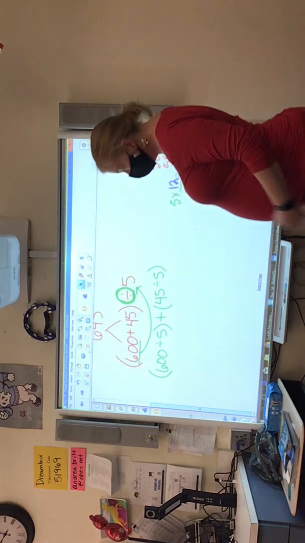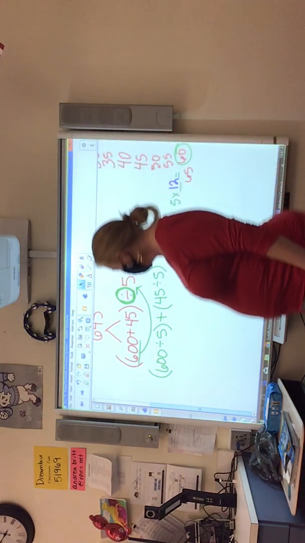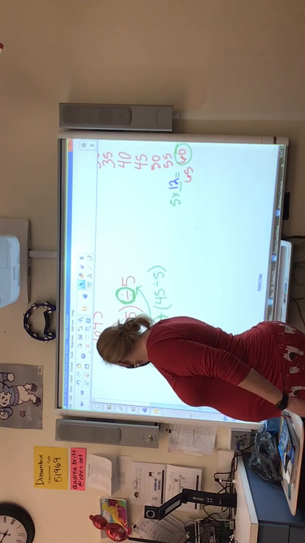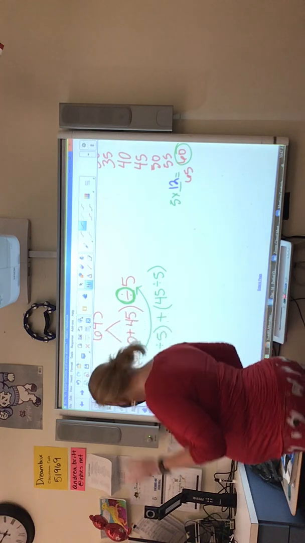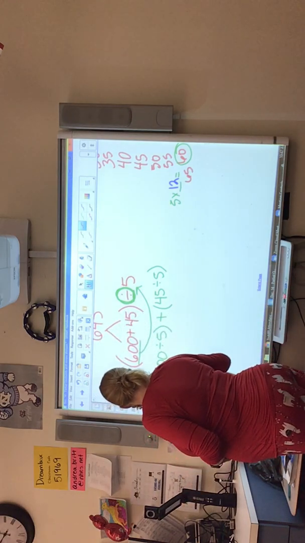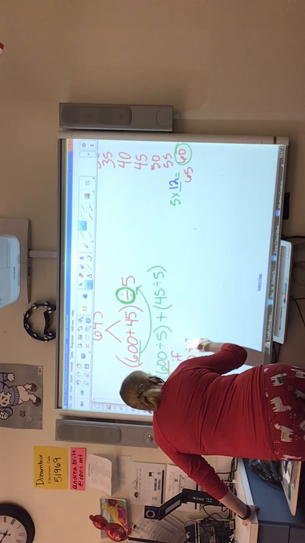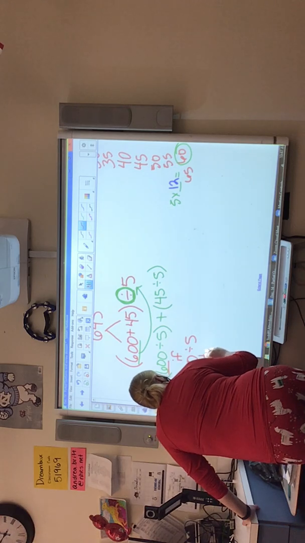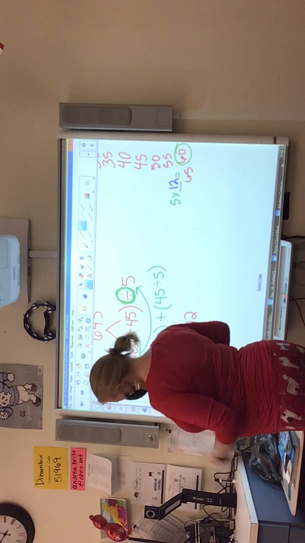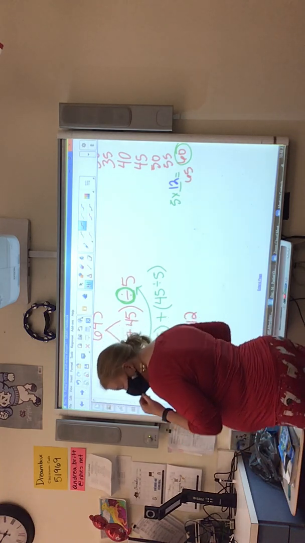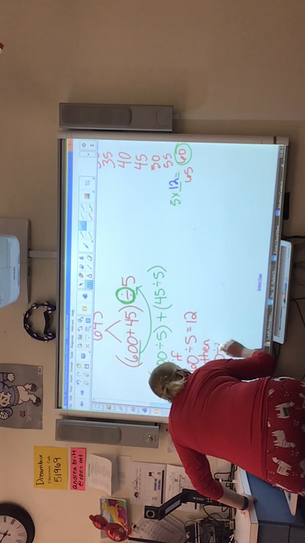So now let's go back over here and think about this. If 60 divided by 5 is 12, then 600 divided by 5 is 120.